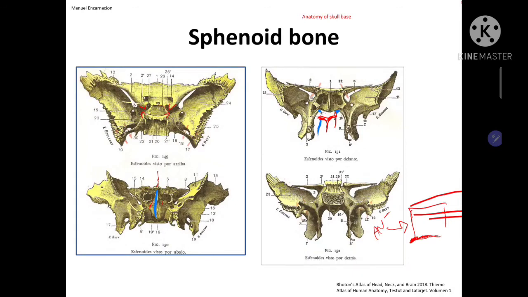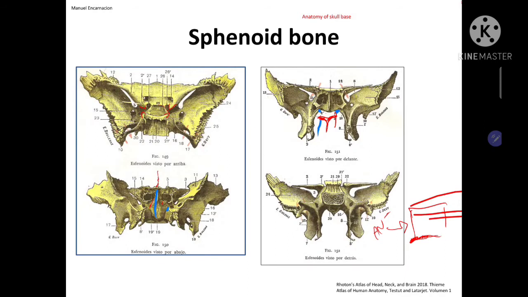So on each side of the middle crest, okay, we already know we have the turbinate. On which side we have the turbinate here. We're gonna find the triangular surface bounded laterally and posteriorly by the protrusion of the root of the medial plate of the pterygoid process.